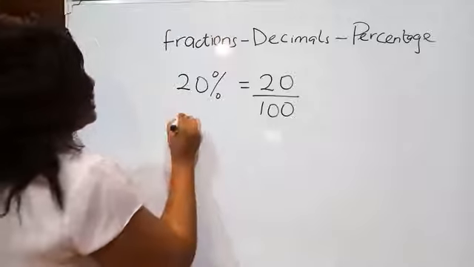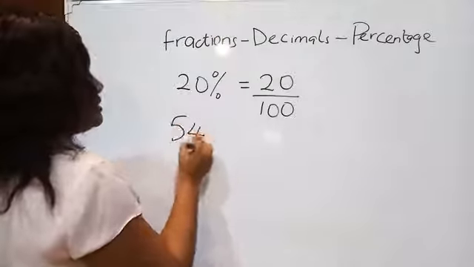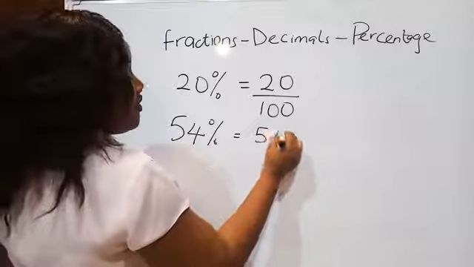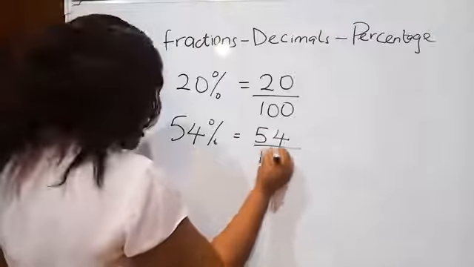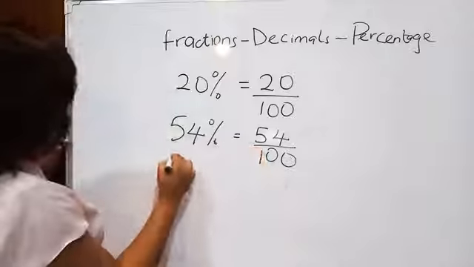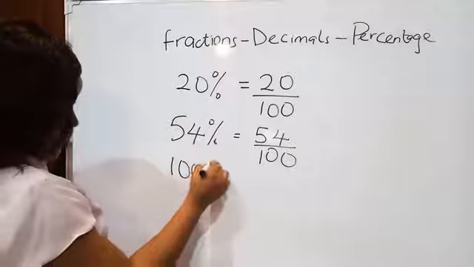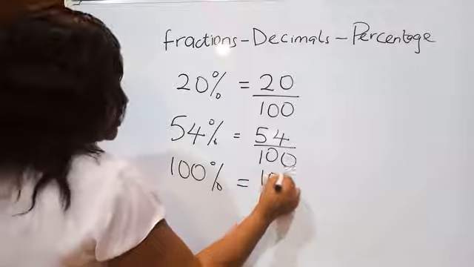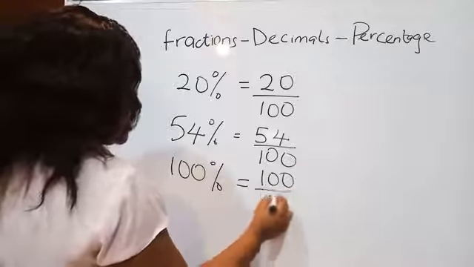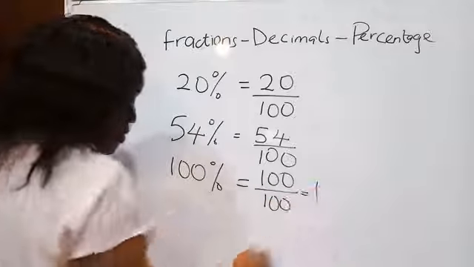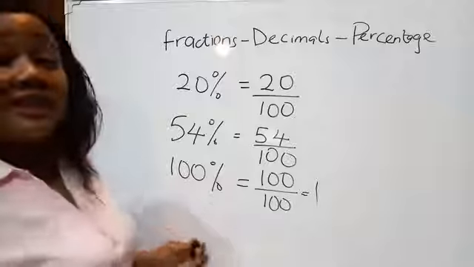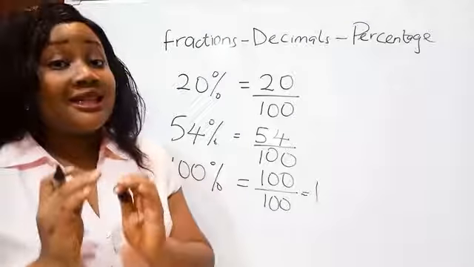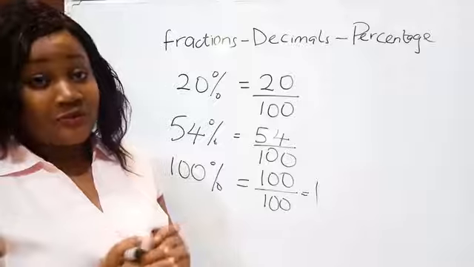Or we can say 54% is 54 over 100. Or even 100% equals 100 over 100, which is equal to 1. That's basically the relationship between percentages and fractions.